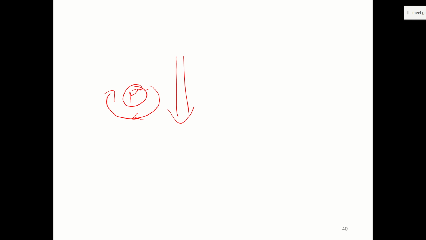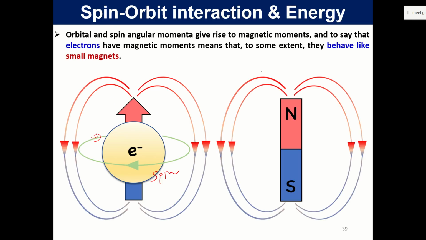In fact the angular momentum vector is pointing downwards, and this is the direction of spin angular momentum. You apply the right hand thumb rule, you curl your fingers, your thumb will be pointing downwards, is it?